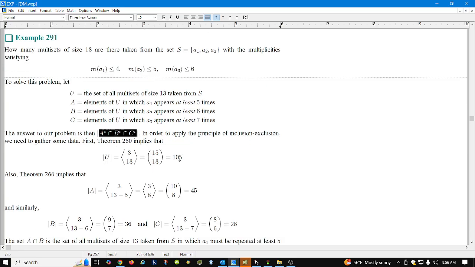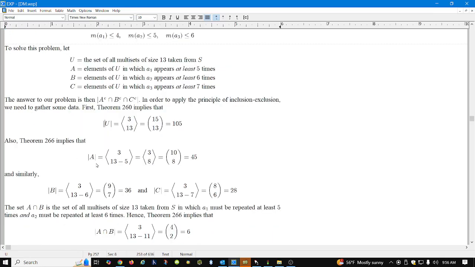So we do the usual gathering of data. The size of the universe, all multisets of size 13 taken from a set of size 3, is 3 multi-choose 13. And the formula, you add these 2 and subtract 1 and copy the bottom number over: binomial 15 choose 13, which is 15 choose 2, or 105.